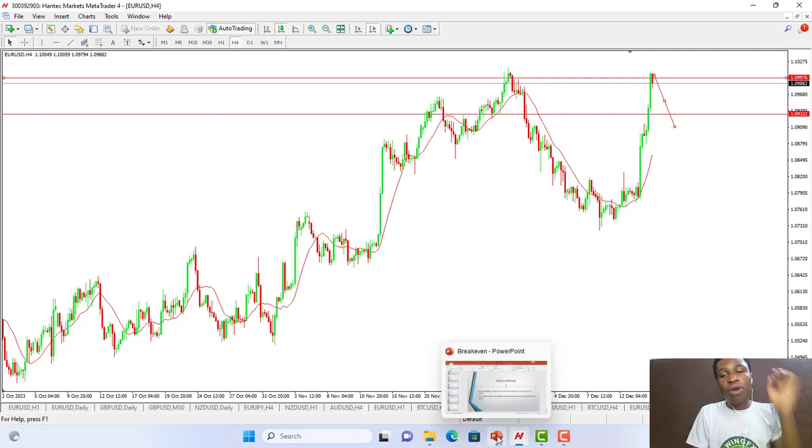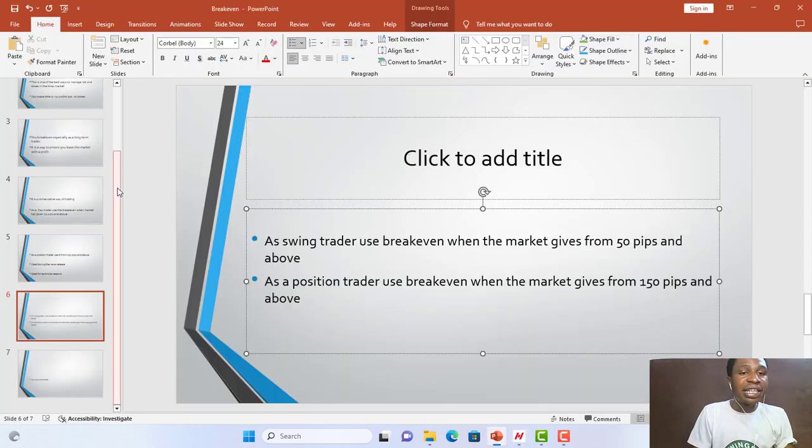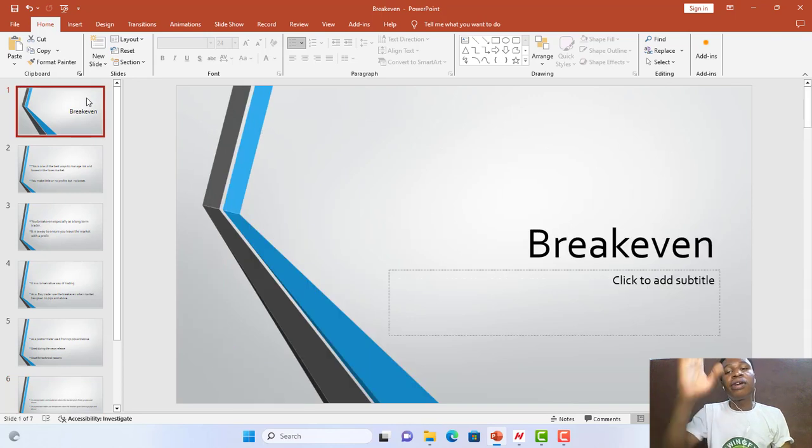So as a way of recap, in the forex market, we start with break even, right? So we said there are different types of break even, but for today I'm talking about the common one, right? Where you take your stop loss to your entry point in order for you not to lose the market when the market goes against you.